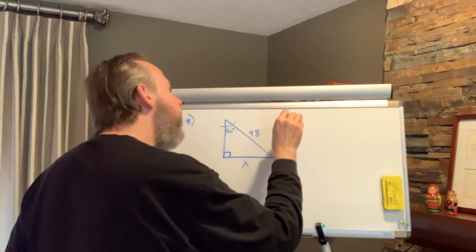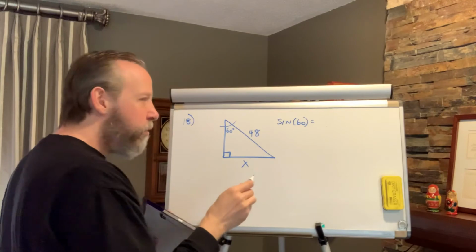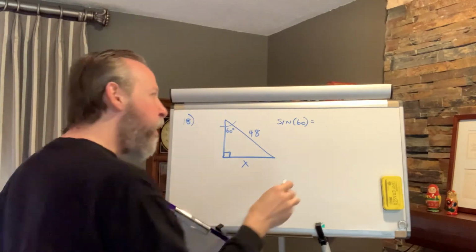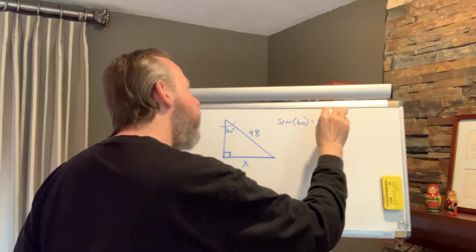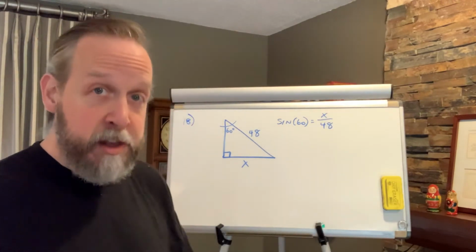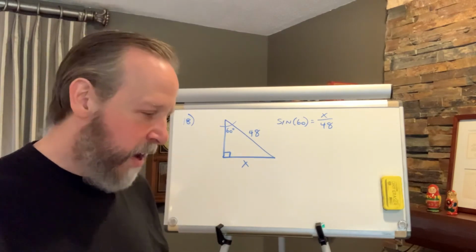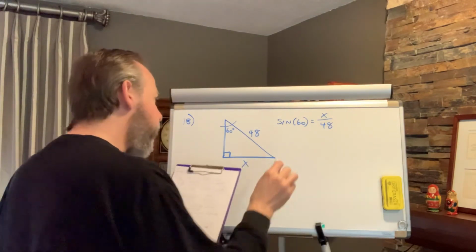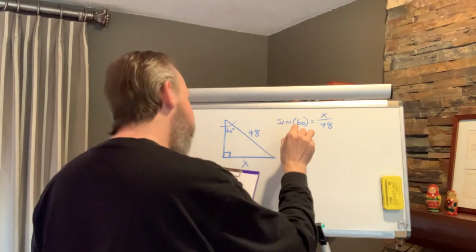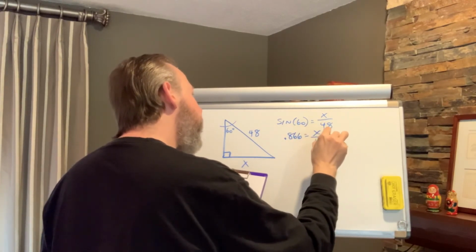So sine of 60 is equal to, SOH CAH TOA, opposite over hypotenuse, x over 48. Use your calculator, make sure you're in degree mode, and say what sine 60 is. Rounded to the third decimal spot, I got 0.866 equals x over 48.